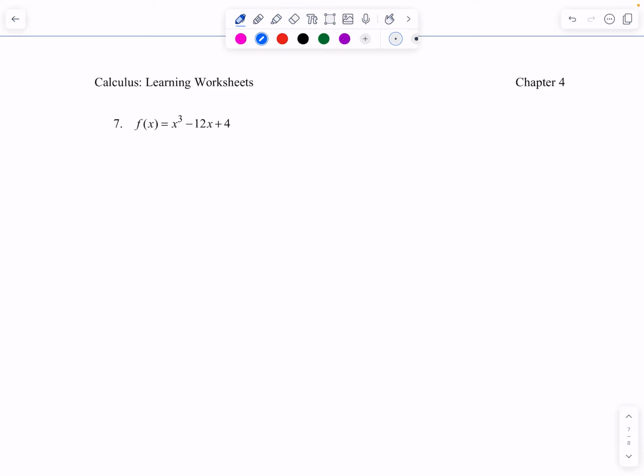Okay, let's try another example. F of x equals x cubed minus 12x plus 4. Let's find that derivative. 3x squared minus 12.